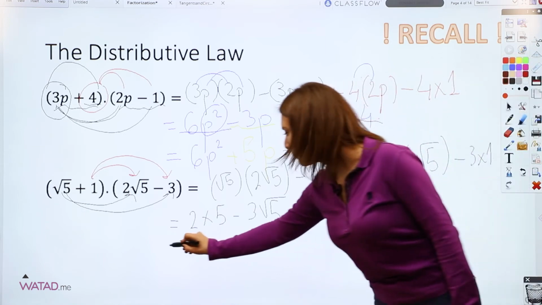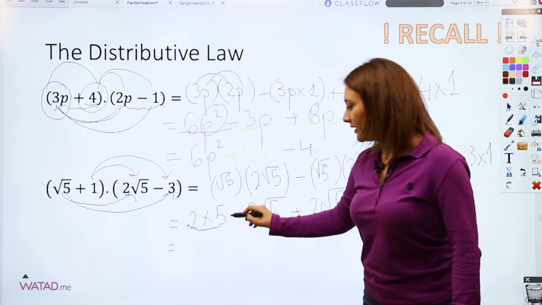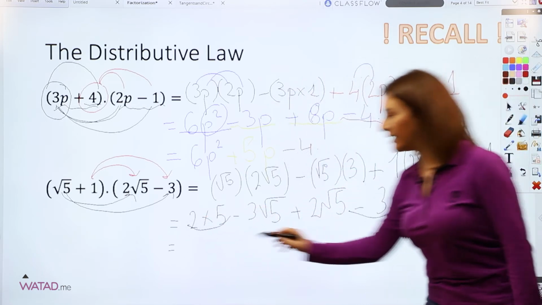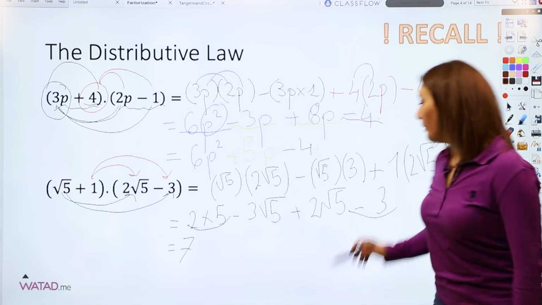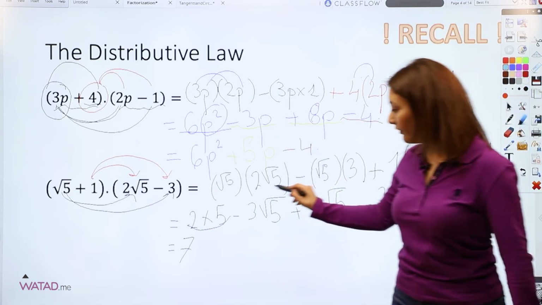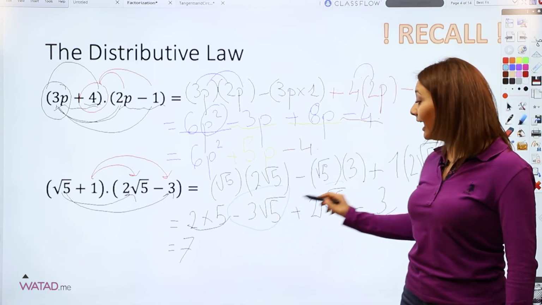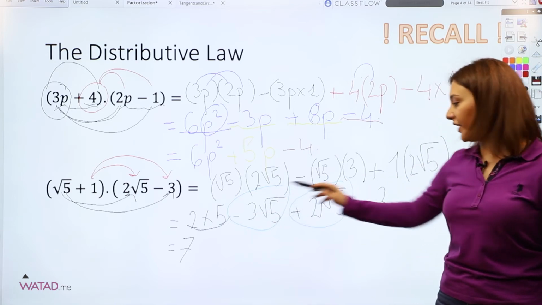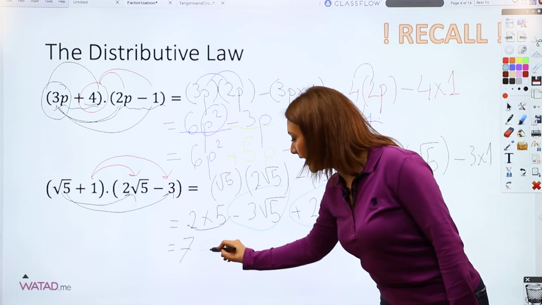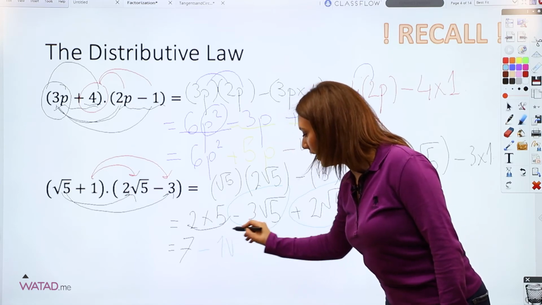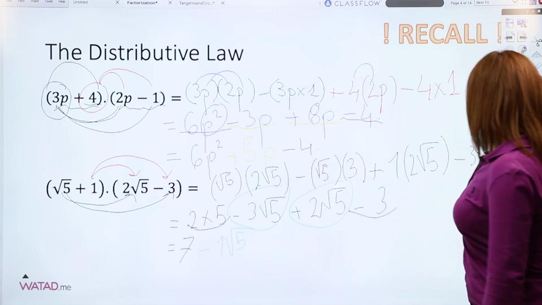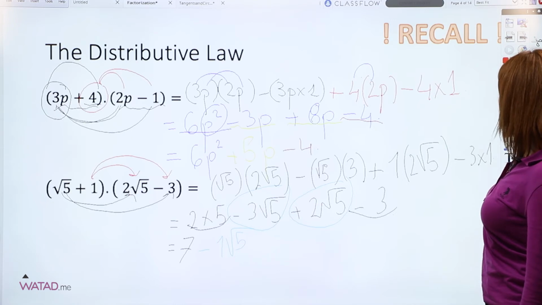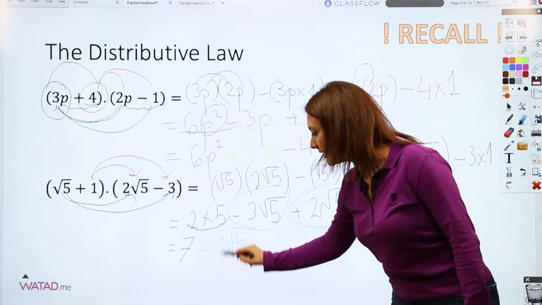And finally, this is 10 minus 3, which is 7. Minus 3 radical 5. They are alike radicals. They have the same radical. Negative 3 plus 2 is negative 1 radical 5, but we don't write the 1. This is 1. This is minus radical 5.